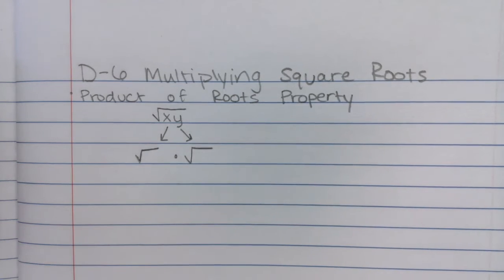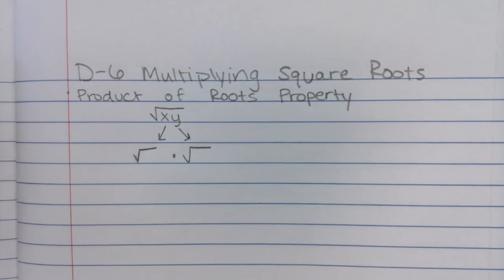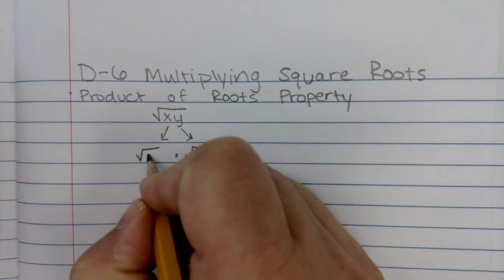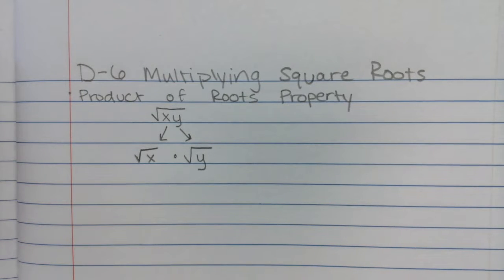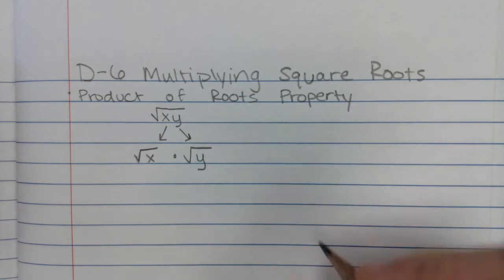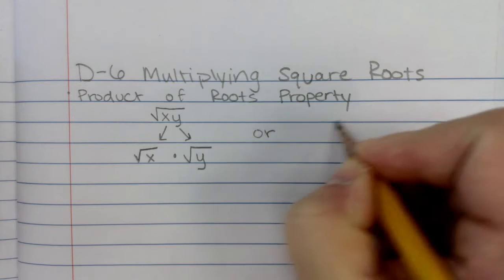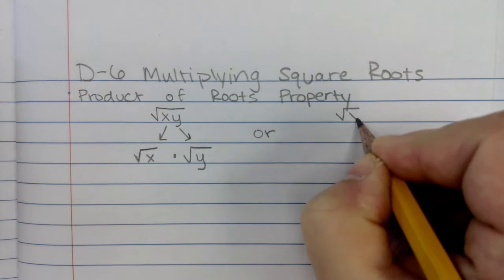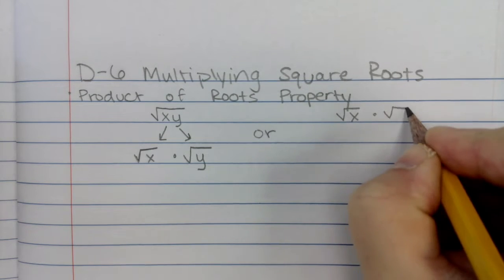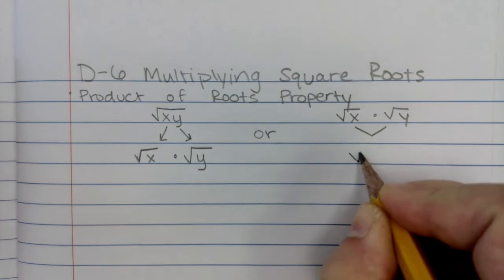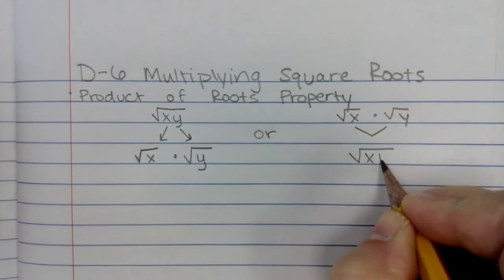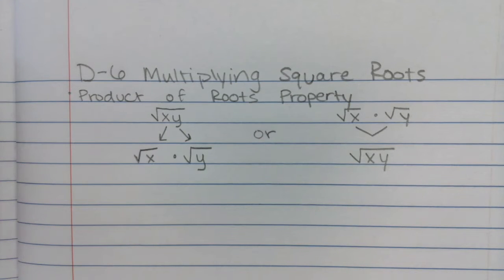The square root of x times the square root of y. But this can go the other direction. If I have the square root of x times the square root of y, we can write that together as one square root of x times y. So that's what we're focusing on today: we're going to have multiple square roots, and we're going to multiply them to get one square root.